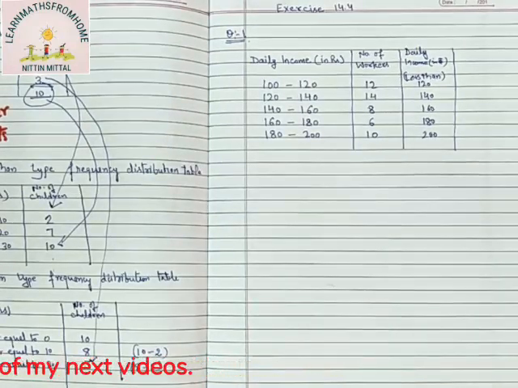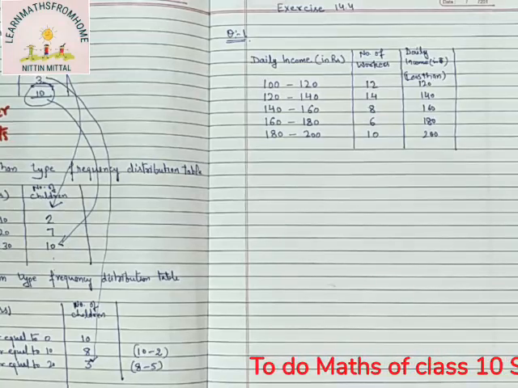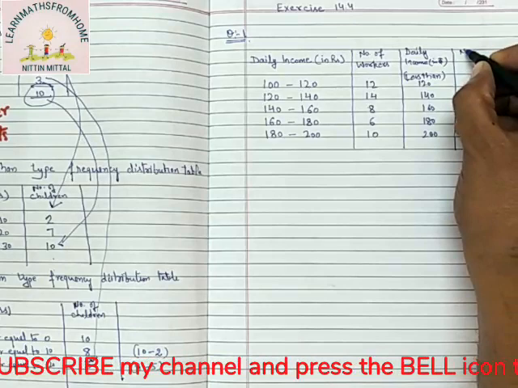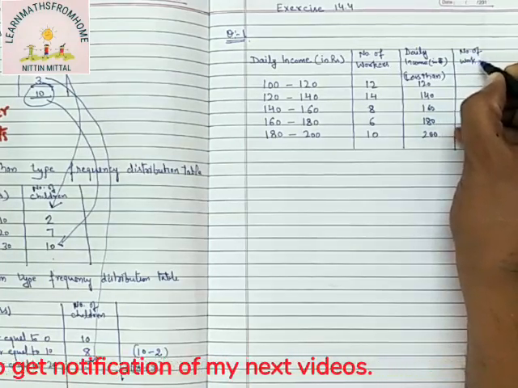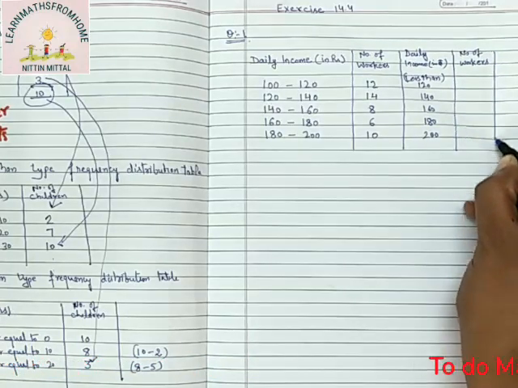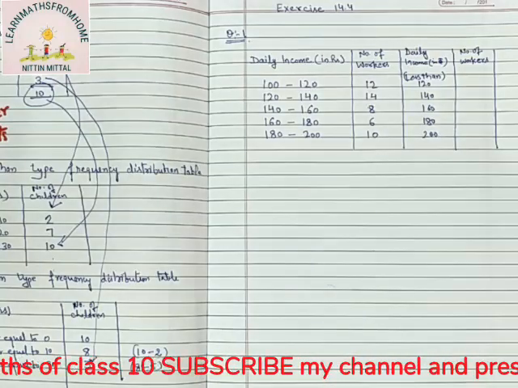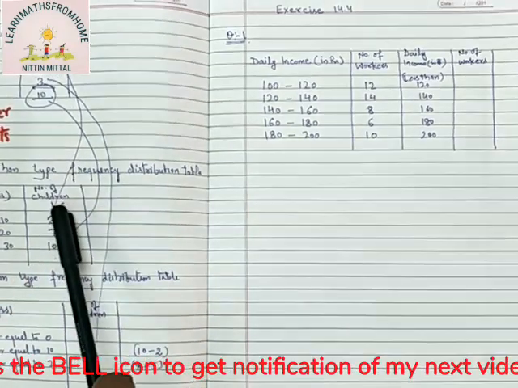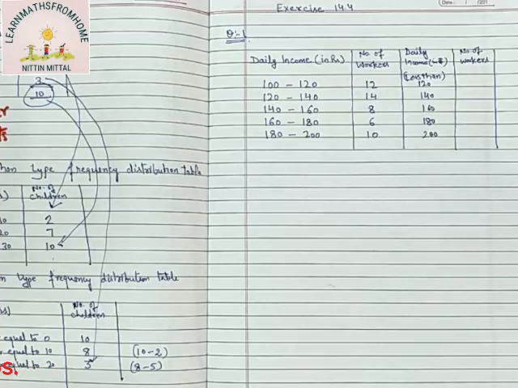So our first column is ready, which is going to be shown on the x-axis. So these are abscissa values. Now the next column is number of workers. We will calculate the cumulative frequency. In less than type, as we have already done, the first frequency will remain the same, and then we keep adding the next frequency.